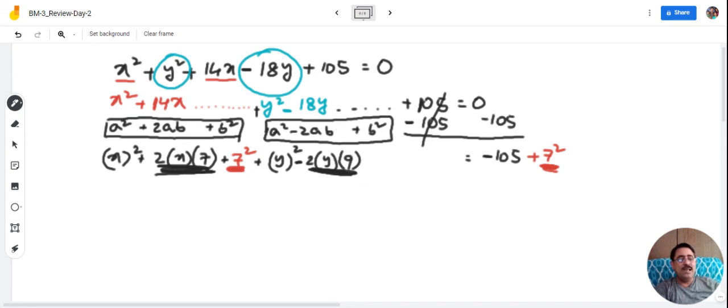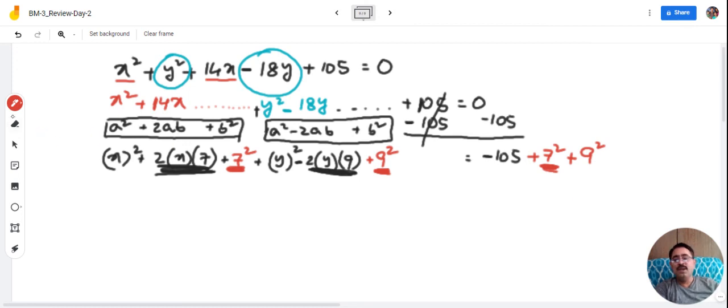Now I know the value of b here, right? So b is 9. Therefore, b square should be 9 square, which is not given in the question. So if I am including this, on the other side I also have to add 9 square.